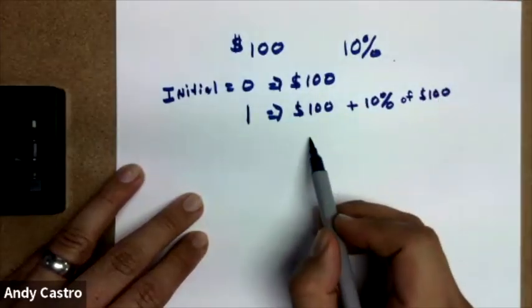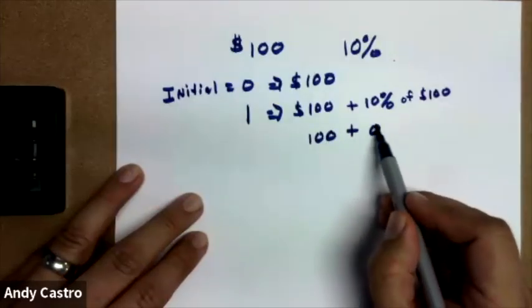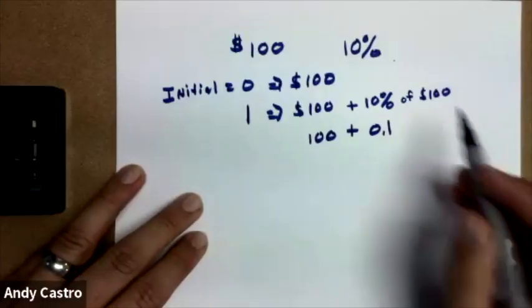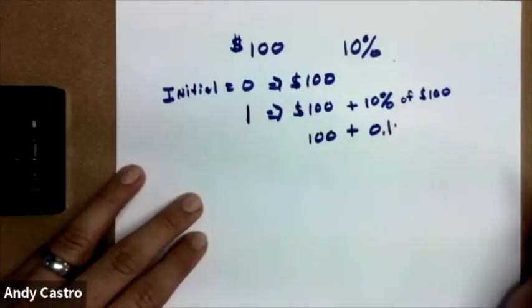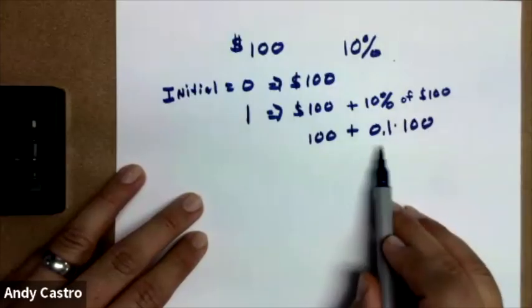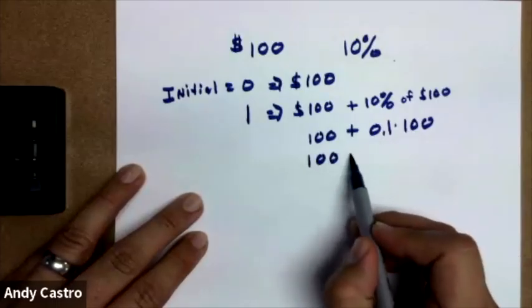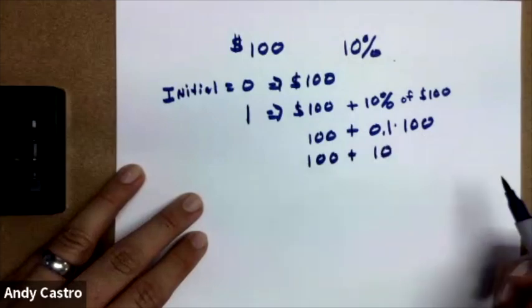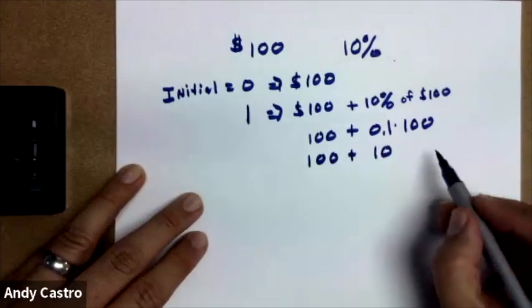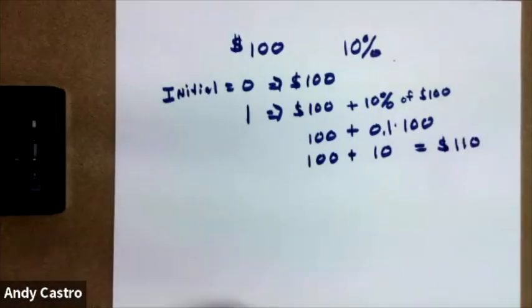So this is 100 plus 10%, which is 0.1, of is multiply, and 100 is 100. Okay, so 0.1 times 100 is 10. So this is 100 plus 10. So at the end of year one, your bank account will have $110.